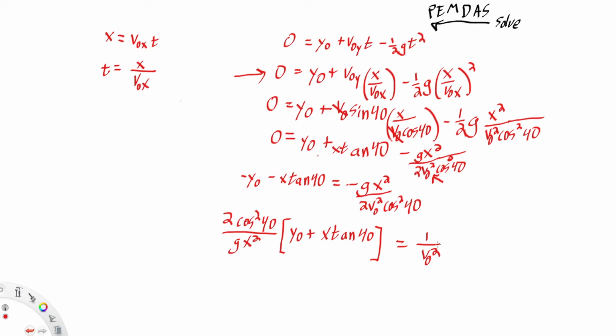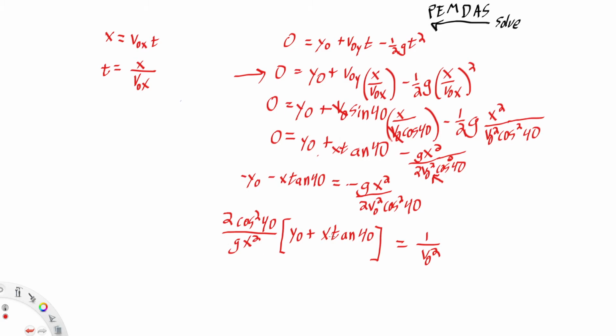Okay. So now the v0 only has exponents attached to it. What we're going to do is take the reciprocal of both sides and then take the square root, and that'll get v by itself. So let's do those steps one at a time.